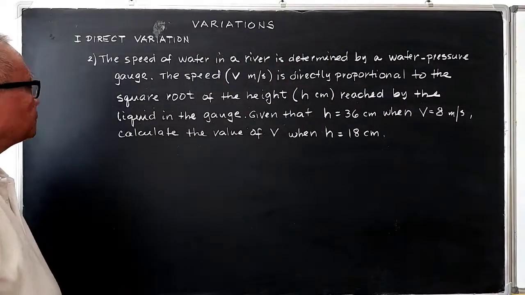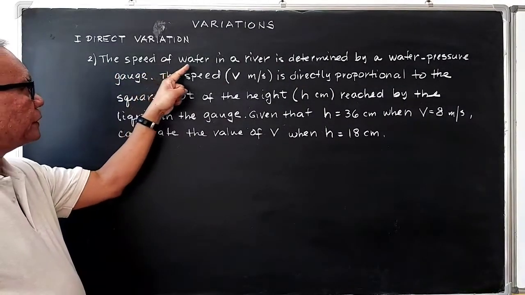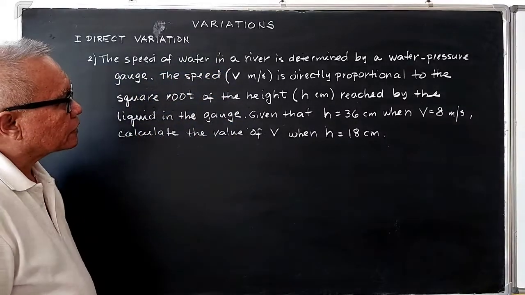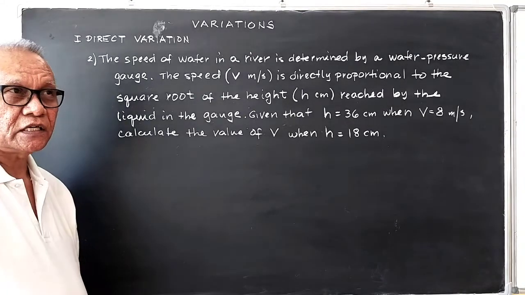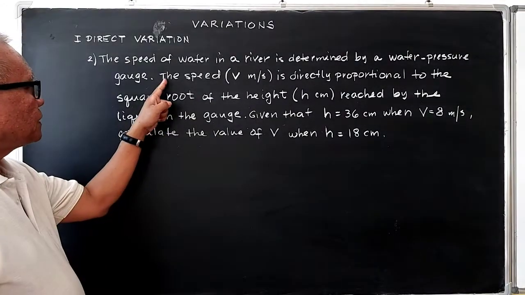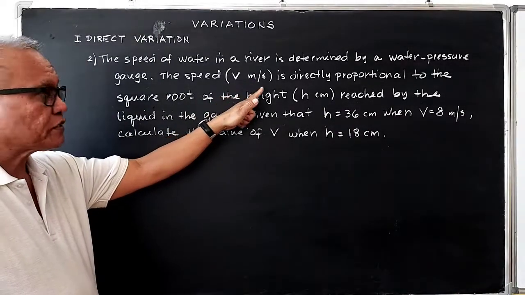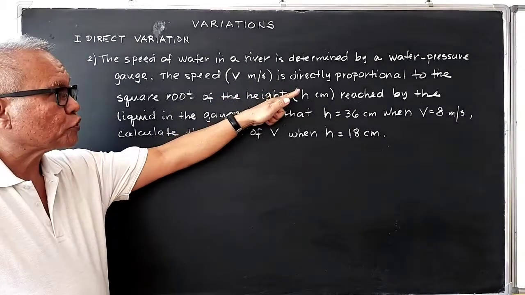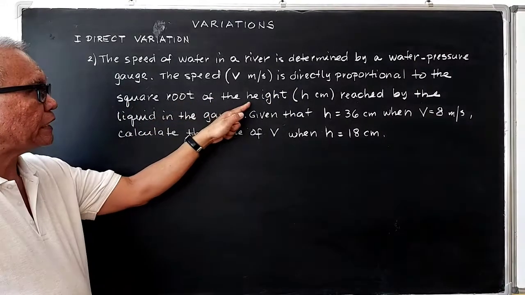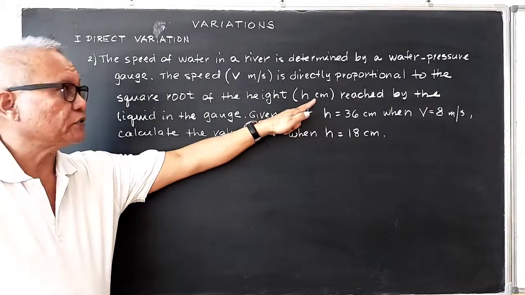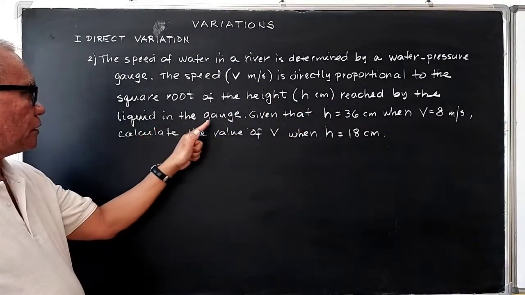We have this one. We have the speed of water in a river is determined by a water pressure gauge. This is a manometer. The speed V in meter per second is directly proportional to the square root of the height h in centimeters reached by the liquid in the gauge.